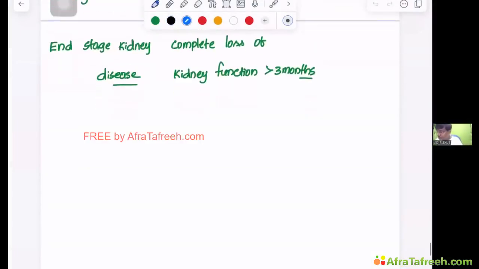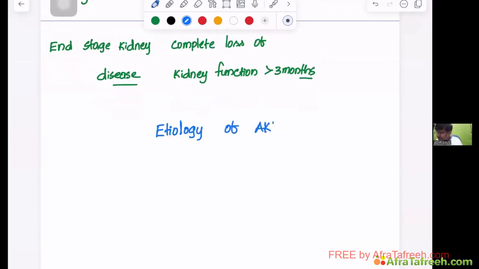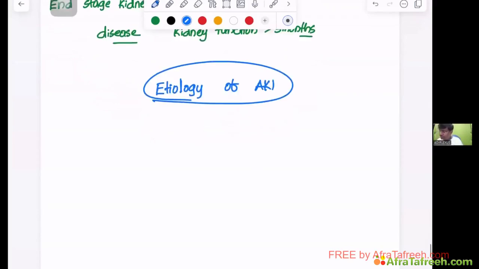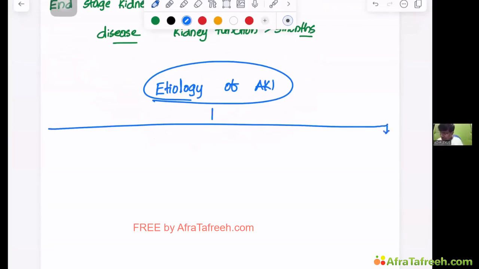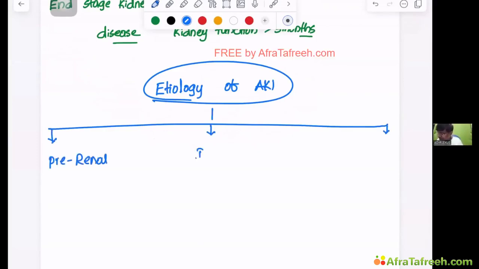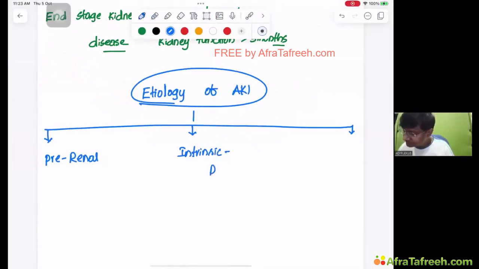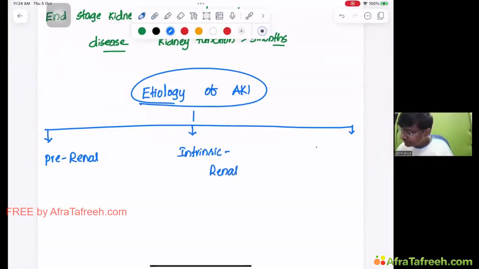So if you see the etiologies of acute kidney injury, we classify this into pre-renal, then intrinsic renal, then we have post-renal.